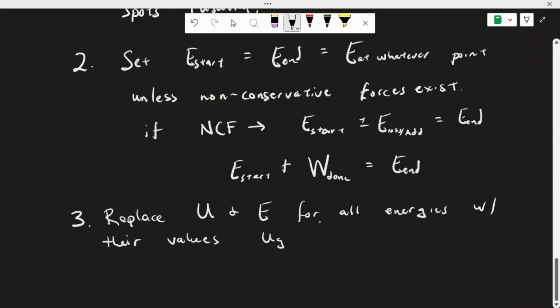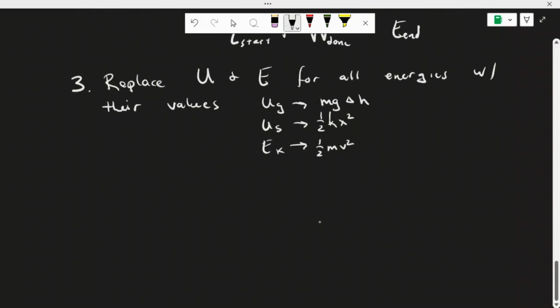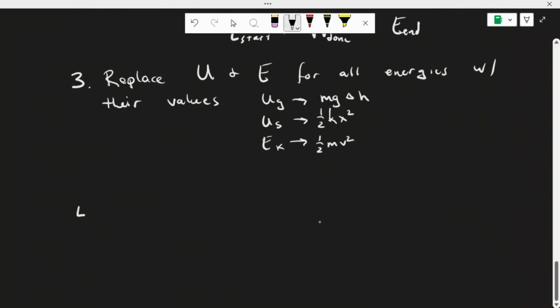So UG goes to mg delta H, US goes to 1/2 kx squared for a linear spring, and EK, or the kinetic energy, goes to 1/2 mv squared. Then step 4, solve. All right, that's basically the whole unit.